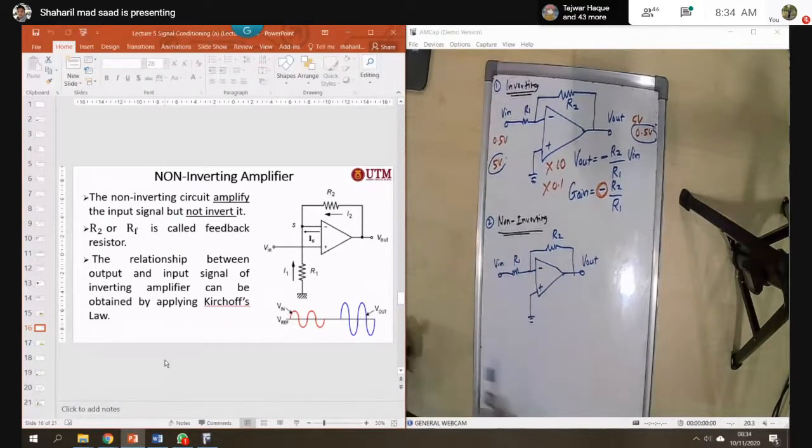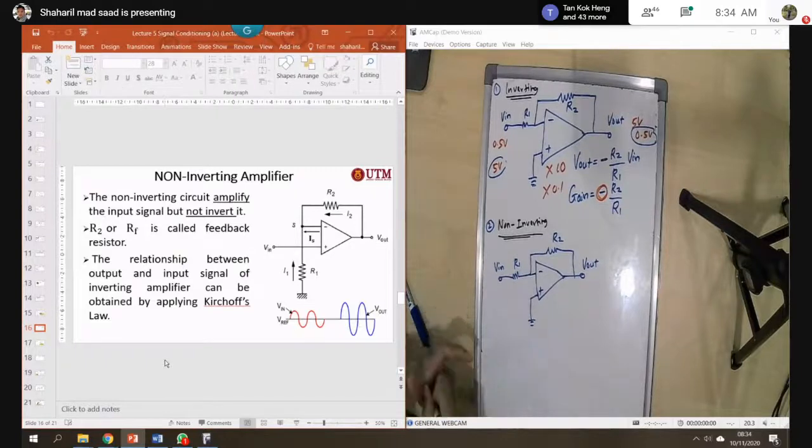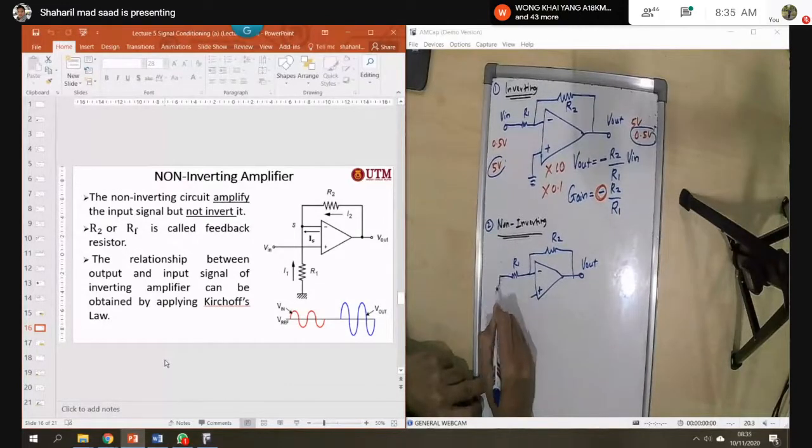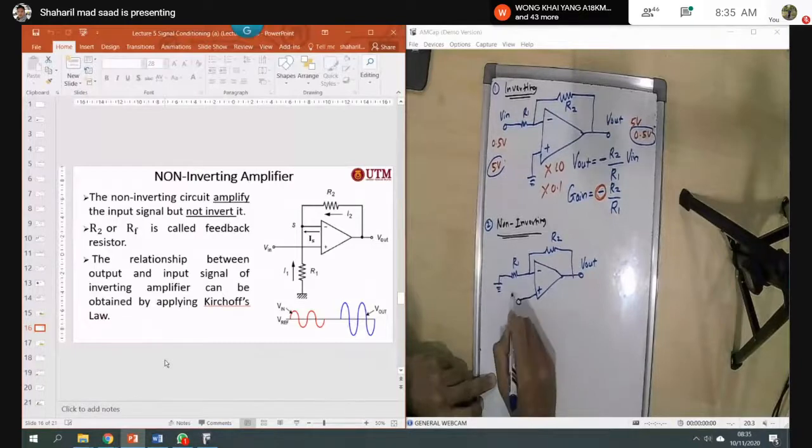Now in order to draw the non-inverting, you just switch the ground and V in. So delete here and delete here, and this one is shorted to ground, and this one is V in here.